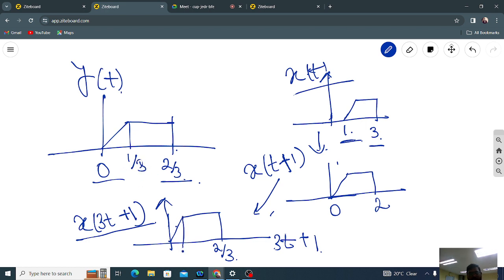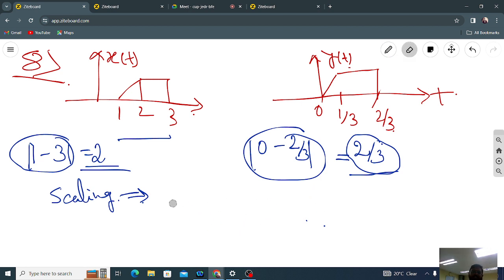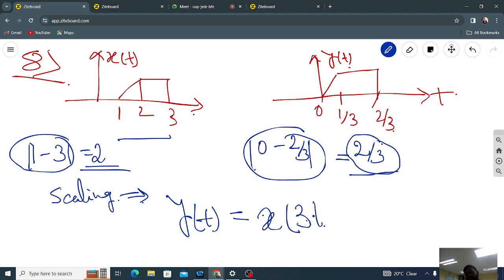This is also 1 by 3 as per this figure. So to write the relationship between these two signals, y of t is nothing but x of 3t plus 1.